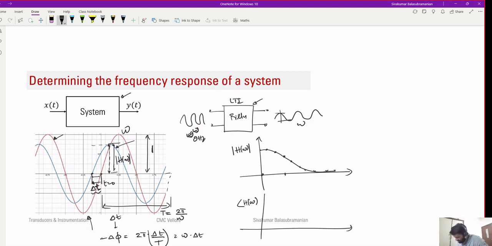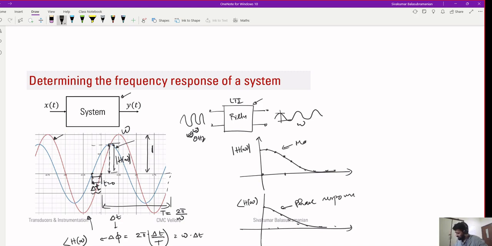And this will exactly be equal to the phase delay introduced by your filter. So now if you apply different input frequencies, measure this delay, compute the corresponding phase and plot it here, this would be your phase response.